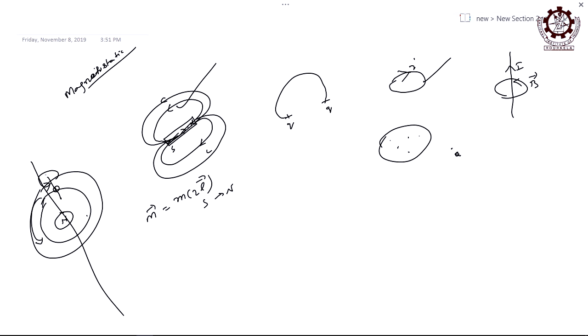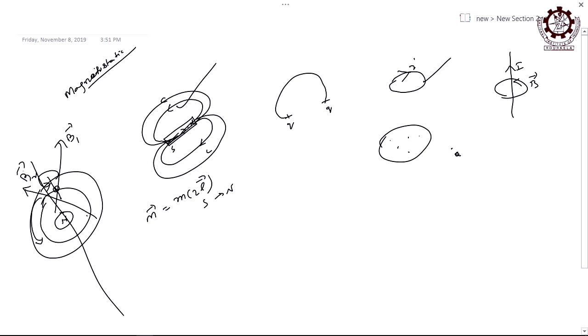Now let us say, for example, here is an electron which has both spin as well as orbital components, and let the net magnetic field be in this direction, say B1, due to electron number 1. Similarly, another electron will do the same thing; it has its own magnetic field, let us say B2, in this direction.